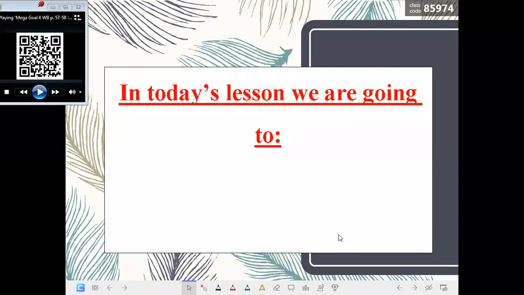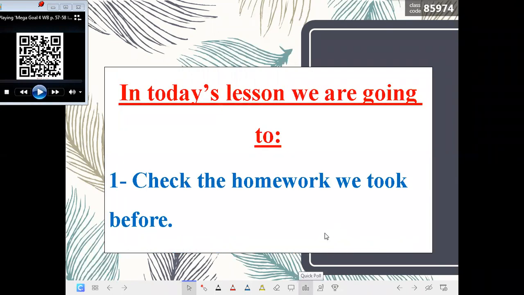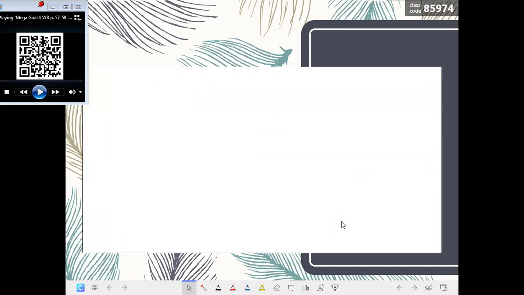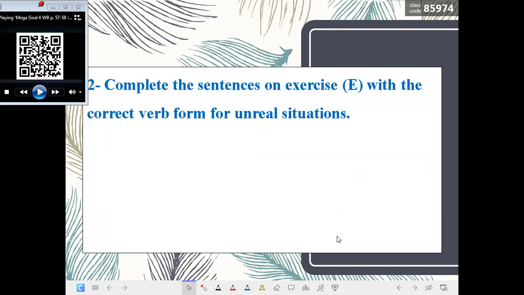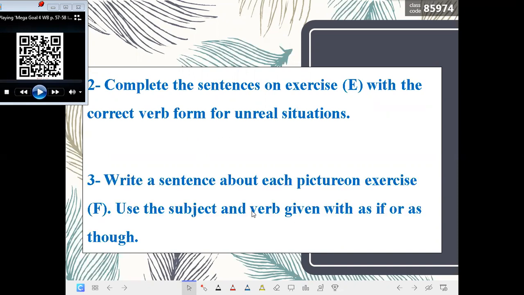In today's lesson, inshallah, we are going to: number one, check the homework we took before. Number two, complete the sentences on exercise E with the correct verb form for unreal situations. Number three, write a sentence about each picture on exercise F, using the subject and verb given with if or as though.